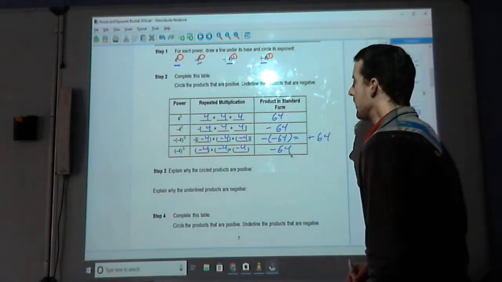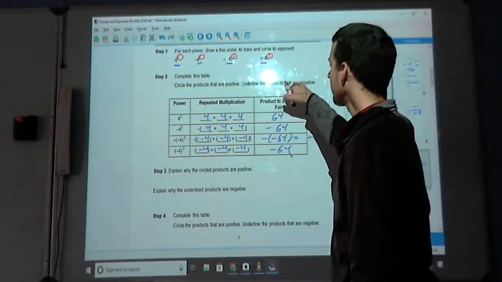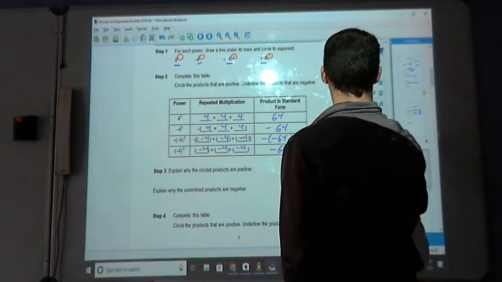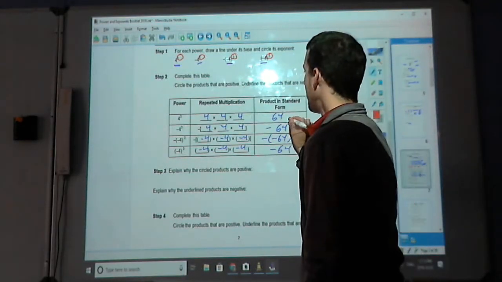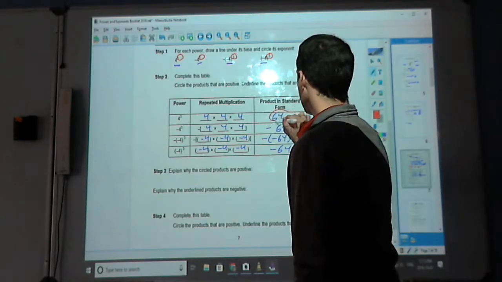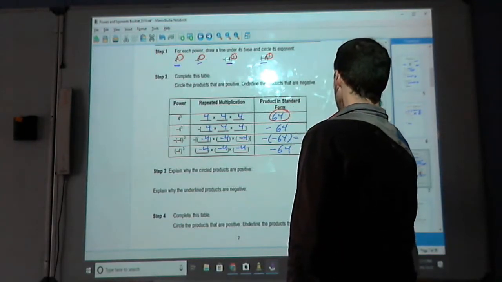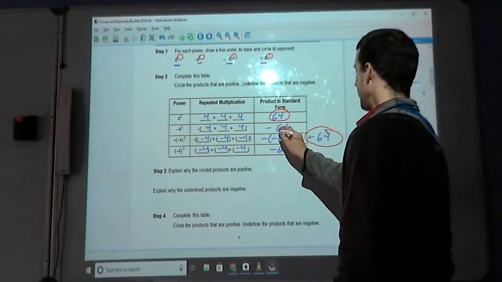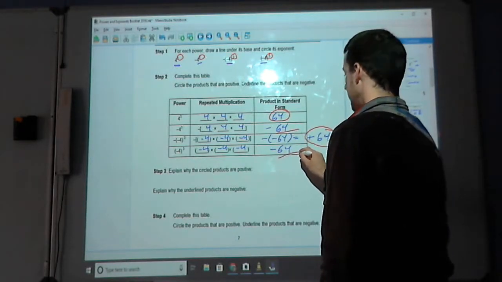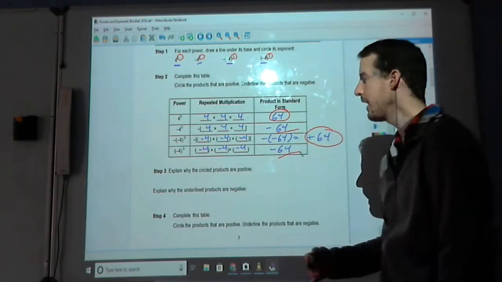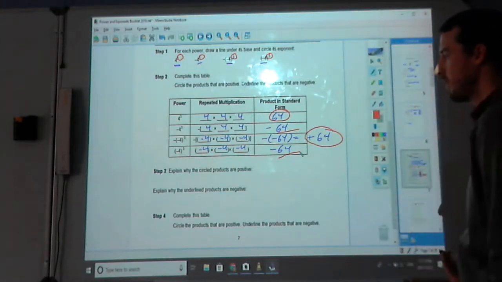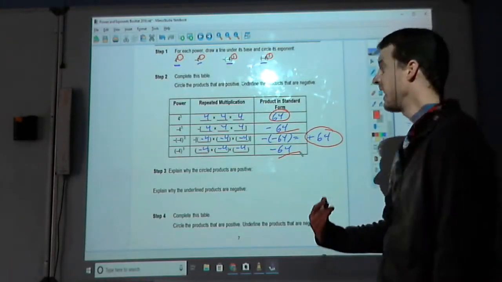It asks you to underline products that are negative and circle products that are positive. So here, we have a positive and a positive. Here we have a negative and a negative. Then, for you guys, explain why the circled products are positive, and explain why the underlined products are negative.